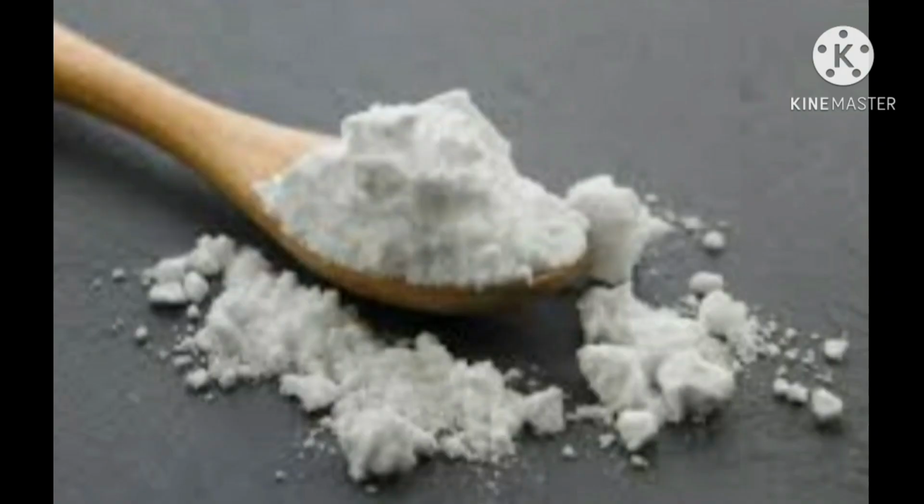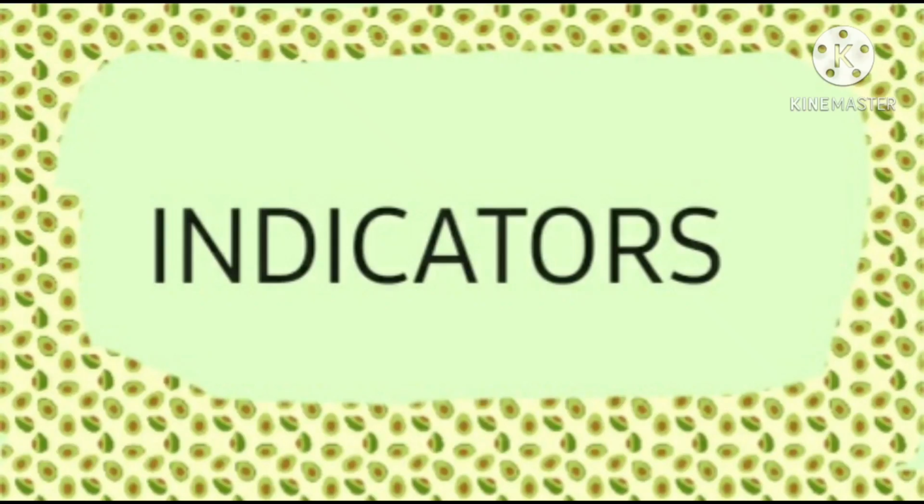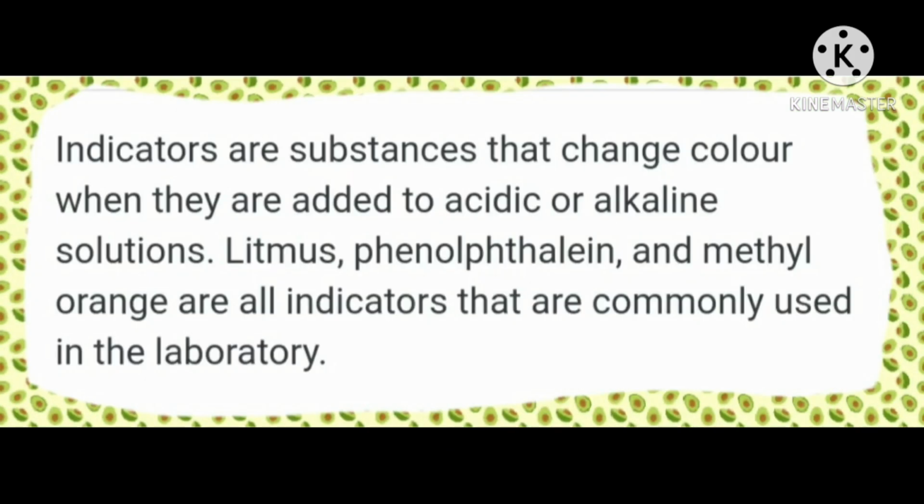If we cannot taste every substance, how do we find its nature? Special type of substances are used to test whether a substance is acidic or basic. These substances are known as indicators. We will now discuss the various types of indicators in detail.